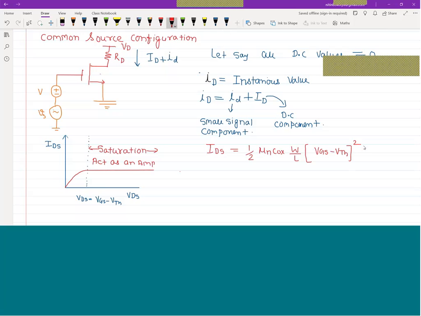This is the current. So we want a separation between AC and DC quantities.